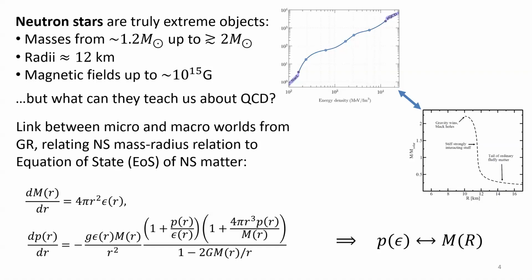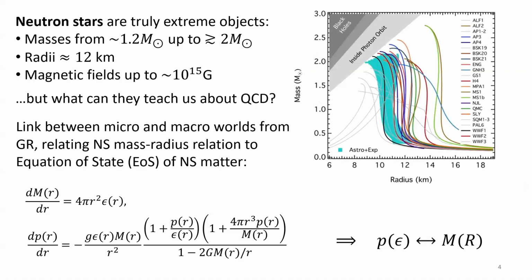Anyways, in theory, this is great, but unfortunately, the problem is very difficult. So this is a plot from some review from a few years back, showing the mass radius predictions from a bunch of phenomenological models for nuclear matter. And as you can see, the predictions were kind of all over the place.